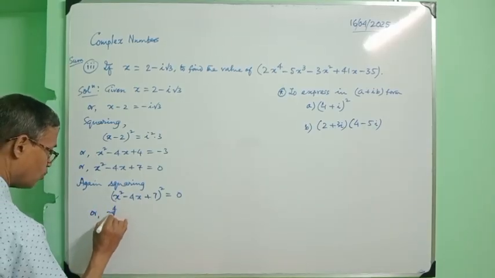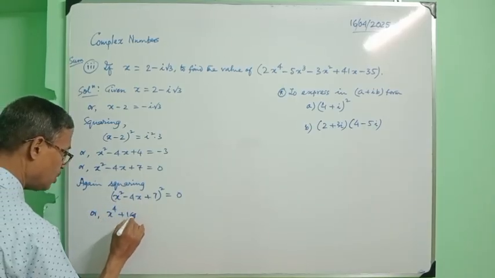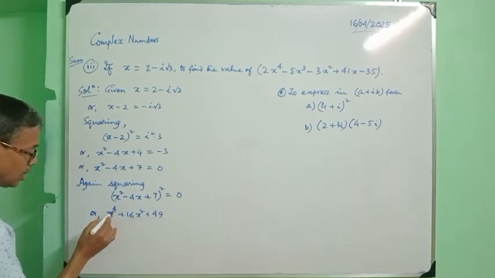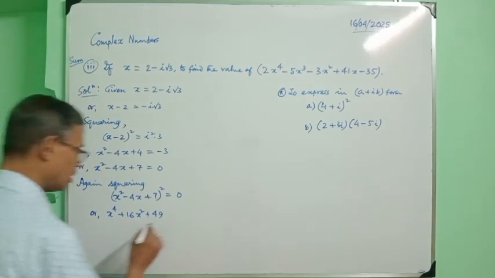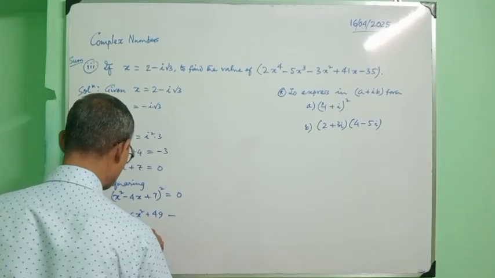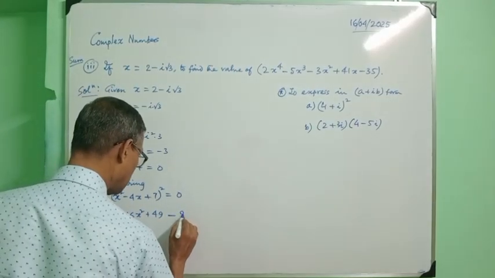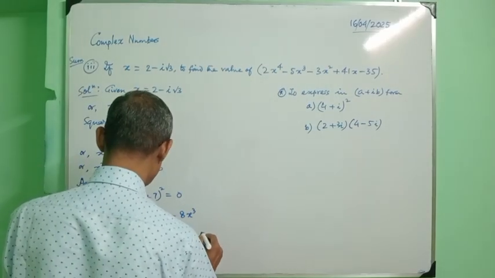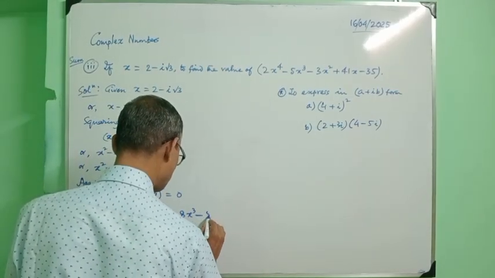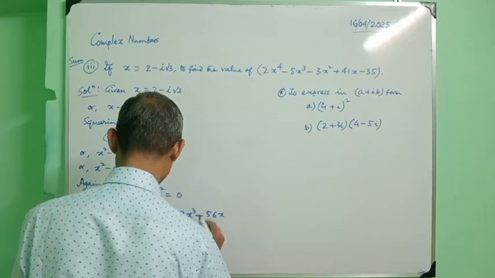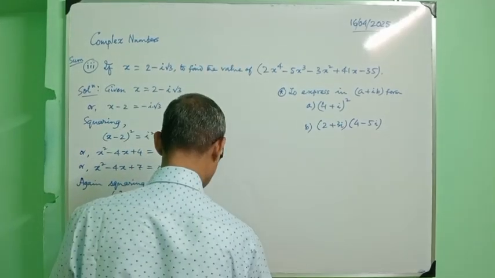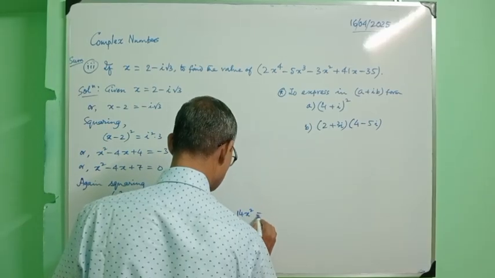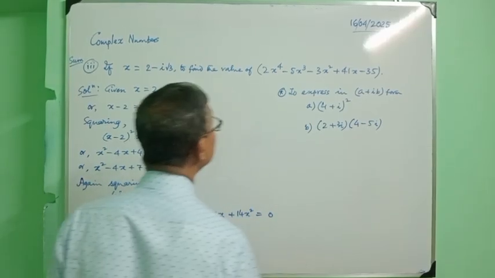x to the power 4 plus 16x square plus 49, that is a square plus b square plus c square, plus 2ab, that means 8x cube, plus 2bc, 56x, plus 2ca, plus 14x square, that is equal to 0.